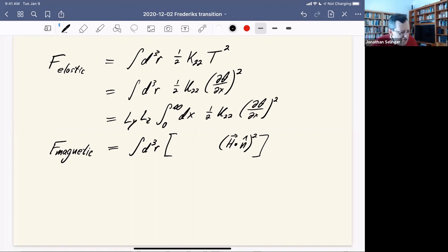The coefficient of this is conventionally written as -1/2 delta chi over mu naught, where delta chi is the magnetic anisotropy.